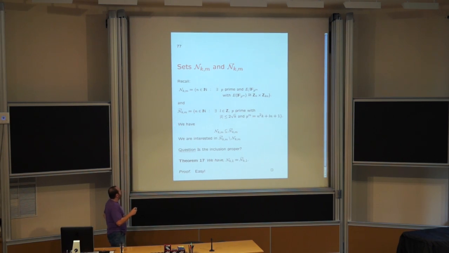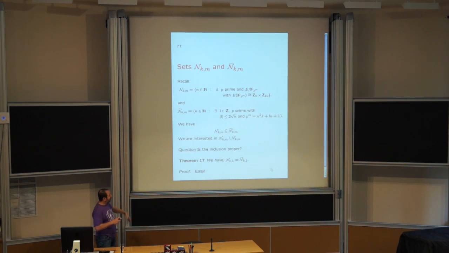And N sub km tilde is defined in terms which have nothing to do with elliptic curves, just some conditions on prime powers. So these conditions reflect the Hasse-Weil bound and the divisibility condition coming from the Weil pairing. And we obviously have this, and this is our lemma 6, which was an if statement.